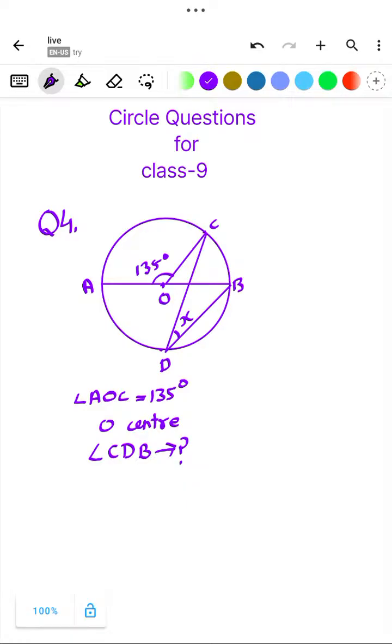Now AB is a straight line. This is a straight line, okay, because this is the diameter of the circle. It is passing through the center O. So this total angle will be 180 degree.